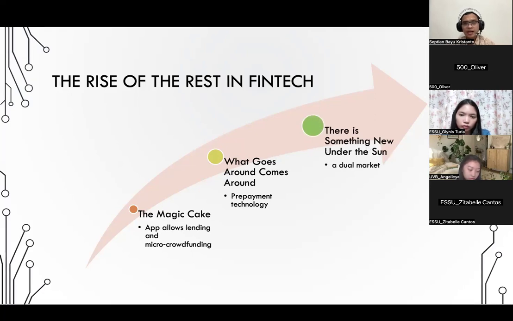In the rest, we have something new in the modern markets, which is the dual markets in our business transactions. What is the meaning of dual markets? Dual markets refer to the real markets, the cash money markets, and also digital markets using your mobile funding.